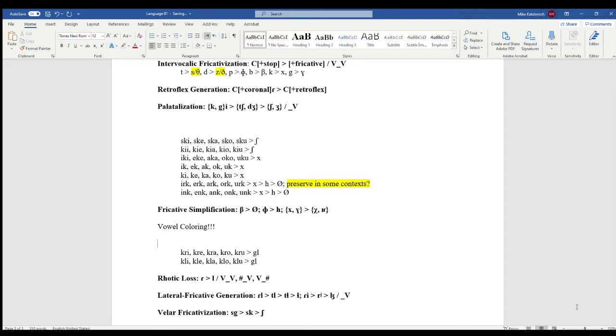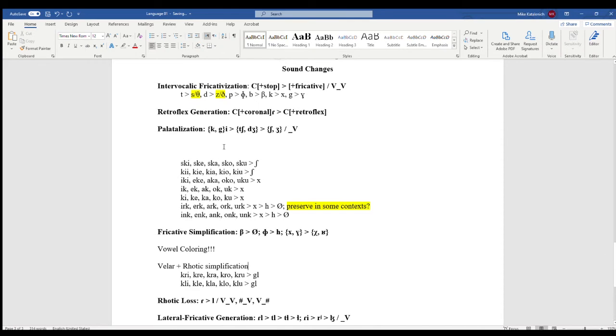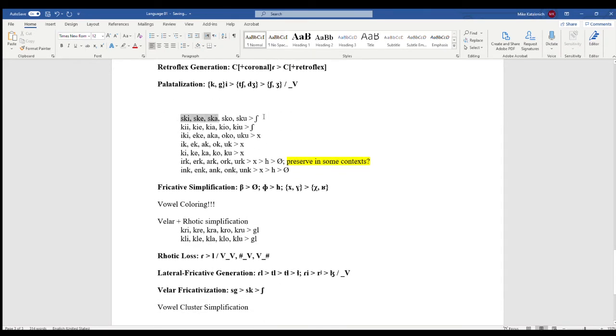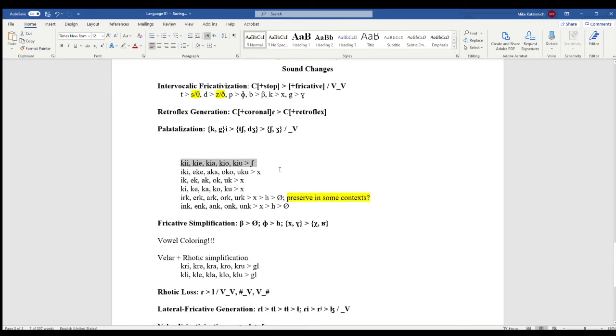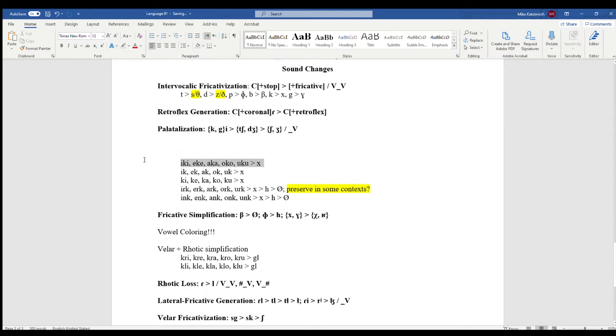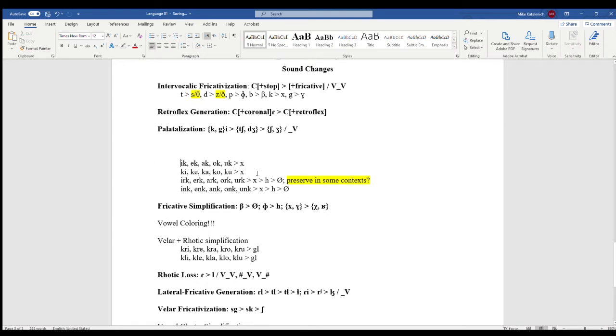Alright, so here's going to be those rules. Velar plus rhotic simplification, something like that. This I already have a rule for. This I already have a rule for. This I already have a rule for.